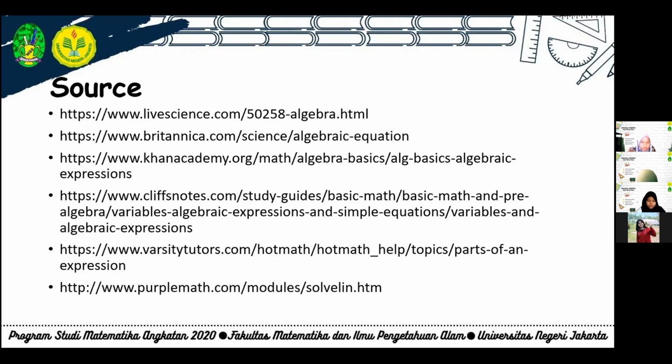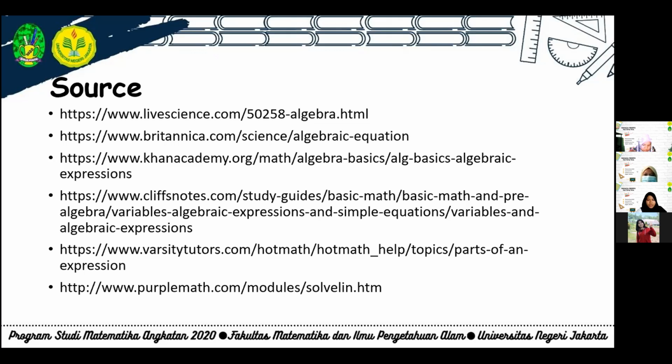Okay, now I want to answer the question from Tiara. The terms are mathematical expressions that are made up of two different parts, a number part and a variable part. In a term, the number part and the variable part are multiplied together.